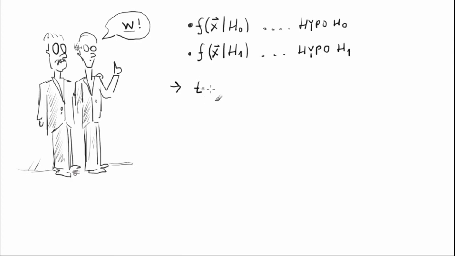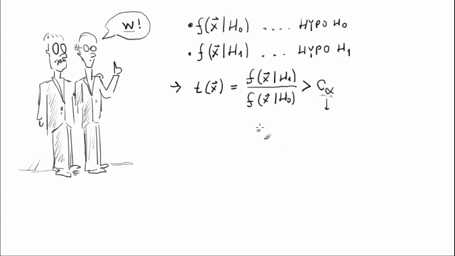T of x-vector, equal to f of x-vector given H1 over f of x-vector given H0, is greater than C sub alpha. The constant C sub alpha is chosen such that the integral over the critical region W of f of x-vector given H0 dx-vector is equal to alpha.